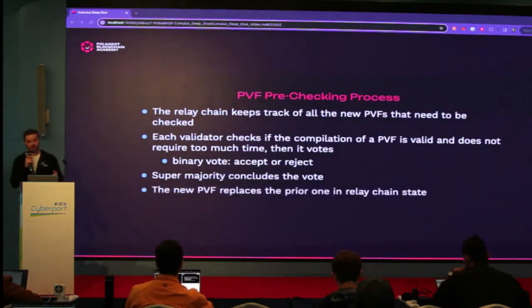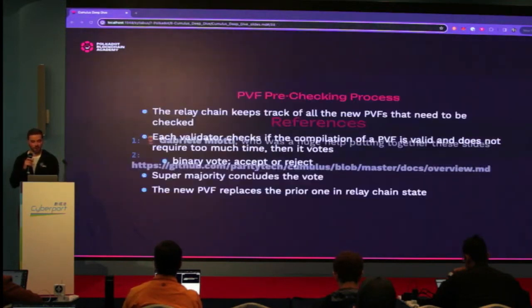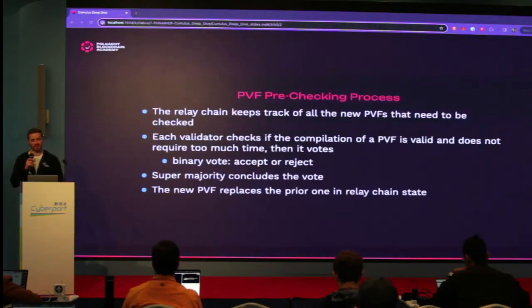The new PVF, in the event of a positive conclusion, replaces the prior one in the relay chain state. So the relay chain notion of which PVF we're using changes, and with the very next parachain block, the parachain gets that go-ahead signal, and then the state transition function of the parachain is swapped out for the new one, that function which they had on deck.